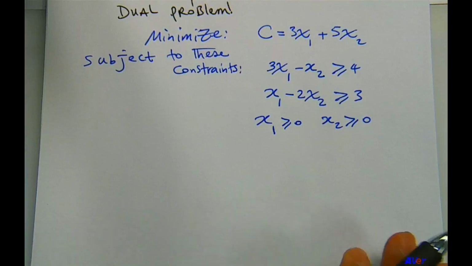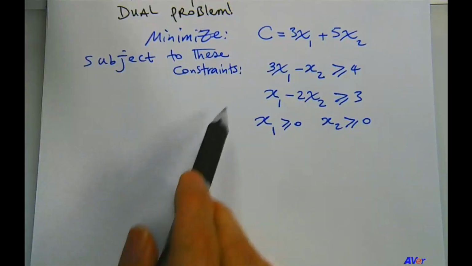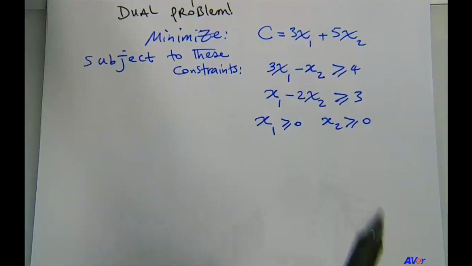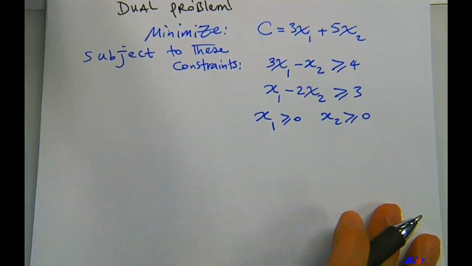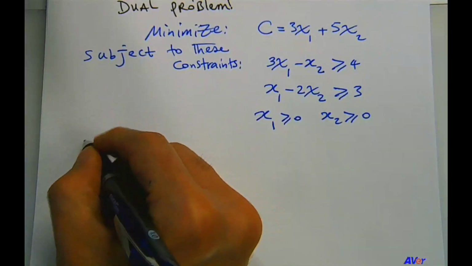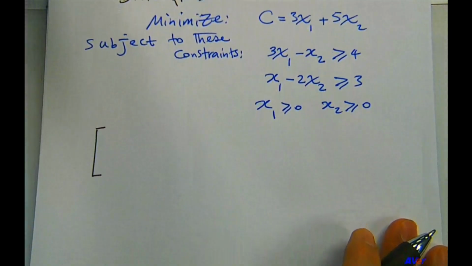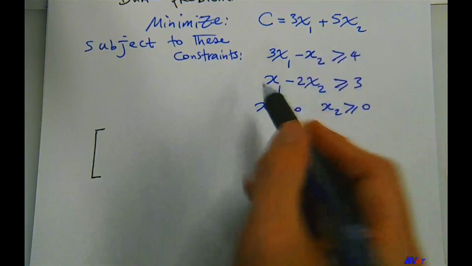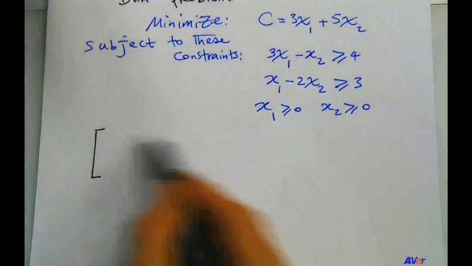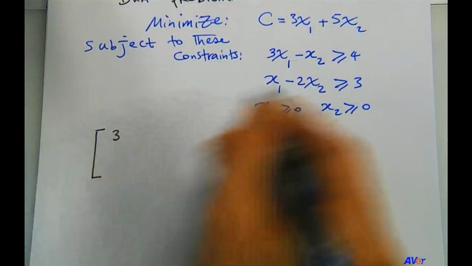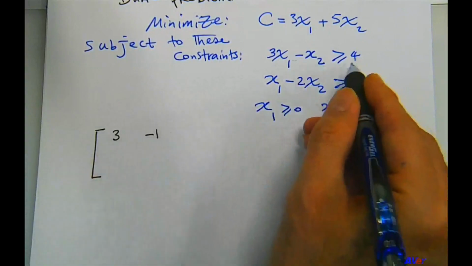Okay, so the first thing is that let's write down the initial matrix of coefficients, with these coefficients in the top rows, right? So 3, -1, and 4.